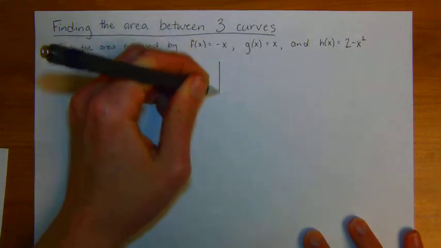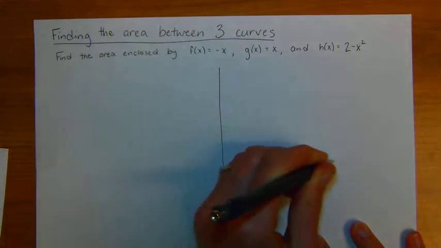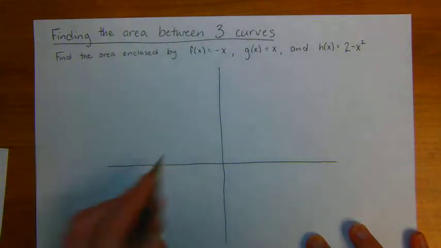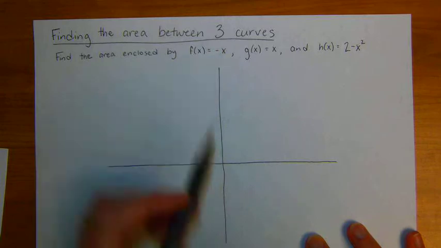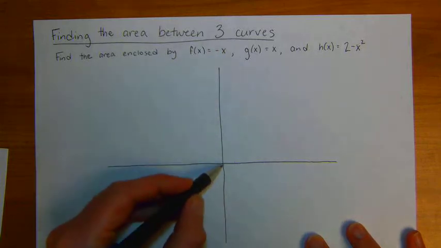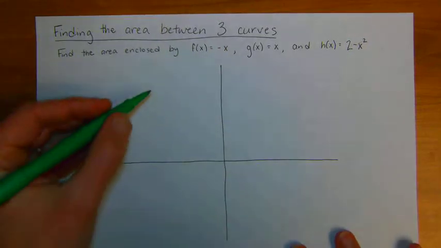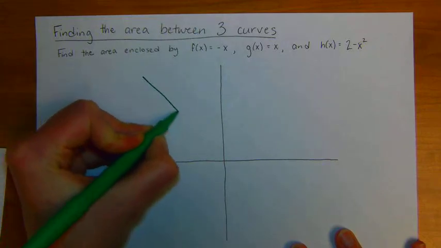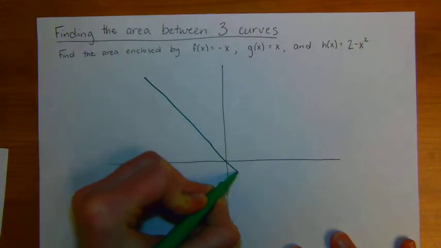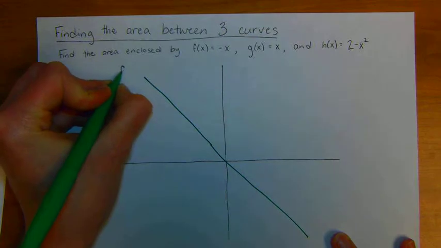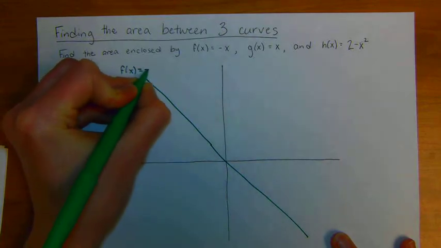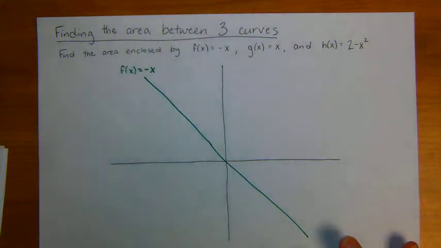So thankfully, a lot of these are pretty easy functions. We see that f of x is the function negative x. That's a line with slope -1, and I'm going to do that one in green. So this is my f of x equals -x, a y-intercept of 0.